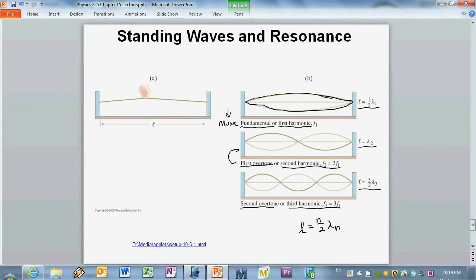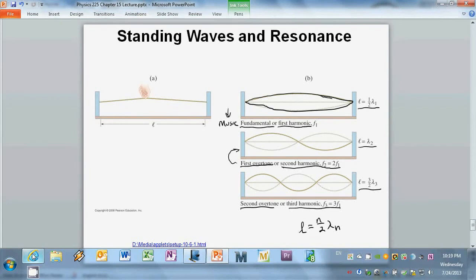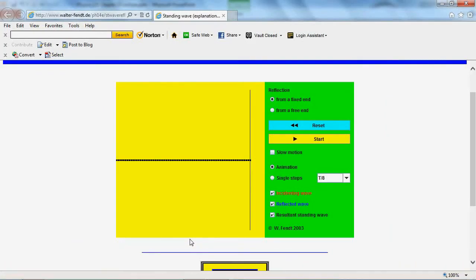Now, to give you an example of how these waves are set up, let's look at this simulation that will start out with a wave on one side, and you'll see how once it gets to this fixed end, it'll invert, and then how you get constructive and destructive interference. So the wave starts, and on the left side that would be like your hand moving up and down.